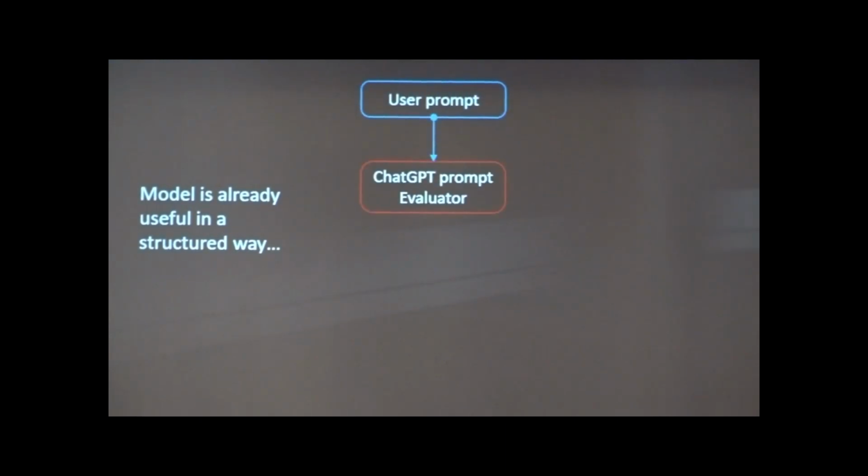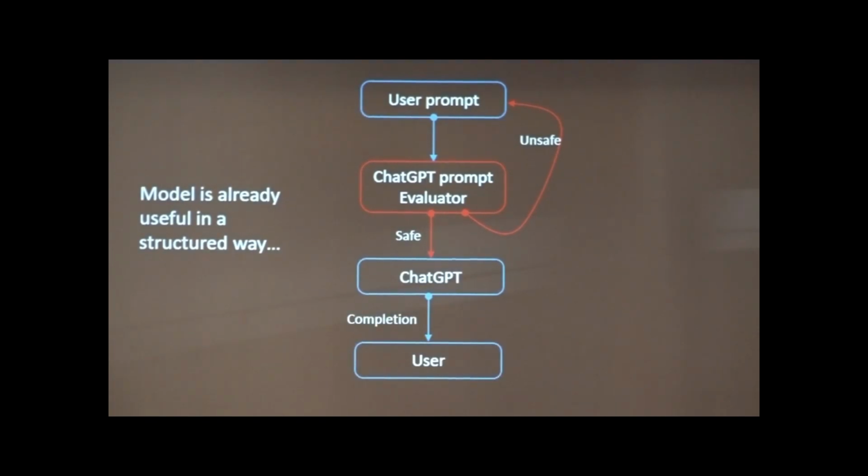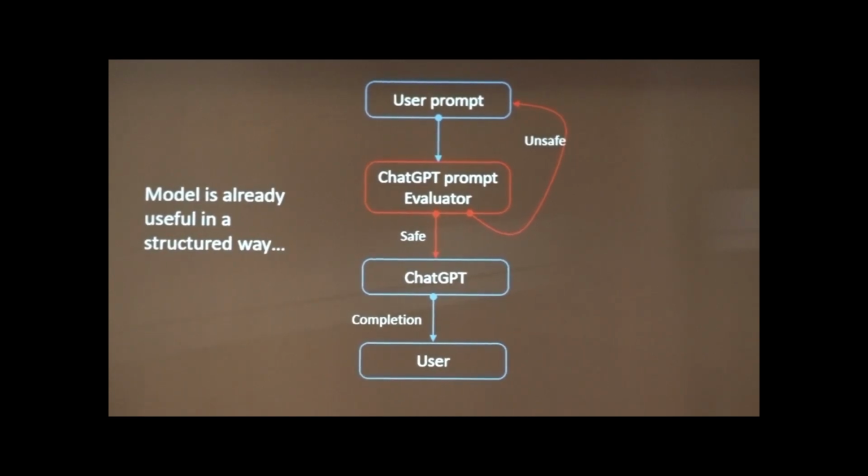Okay, right. Now we understood how the model is trained and used for predicting the next sequence. We have the models which we are already using in a structured way. What is the structure? Why am I saying it is a structured way?